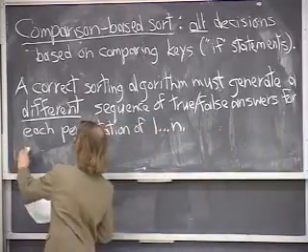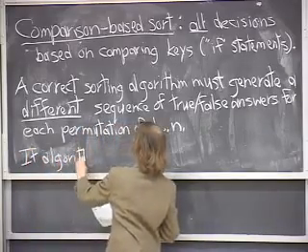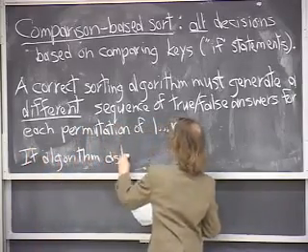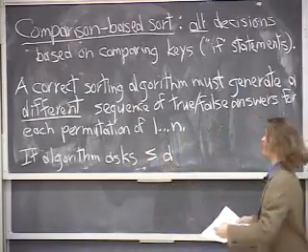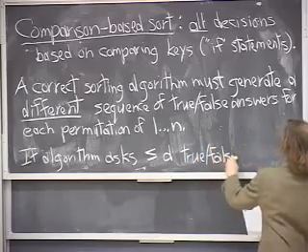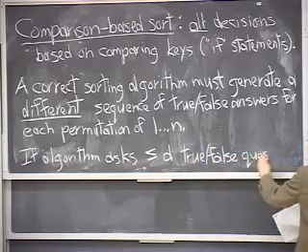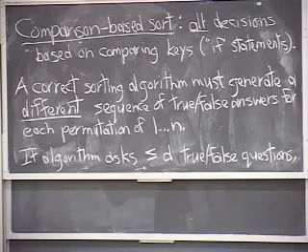So if an algorithm asks at most d true or false questions, how many different ways could it treat the data that it's sorting?